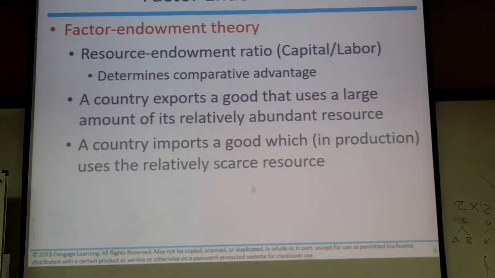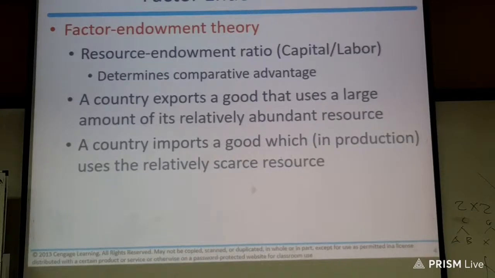United States has capital. United States will specialize and export products which consume the factor that it has so abundantly available in the country, which is capital.